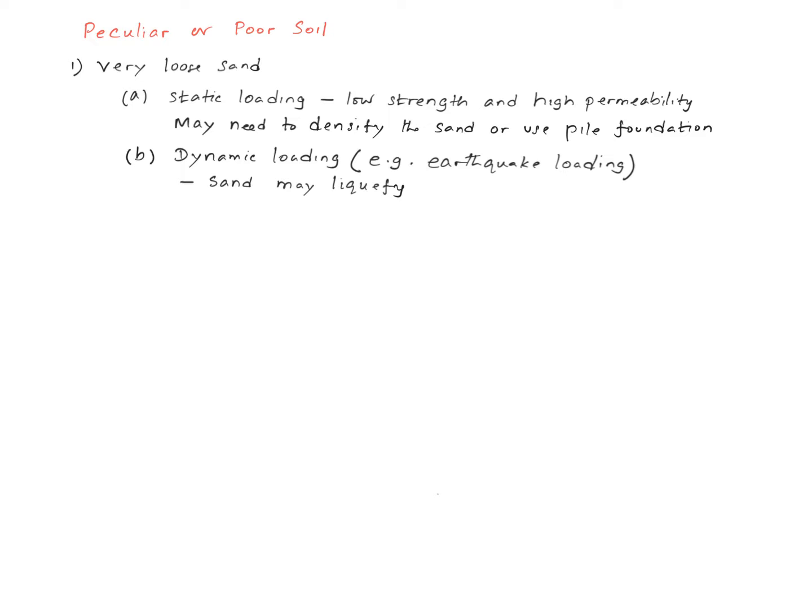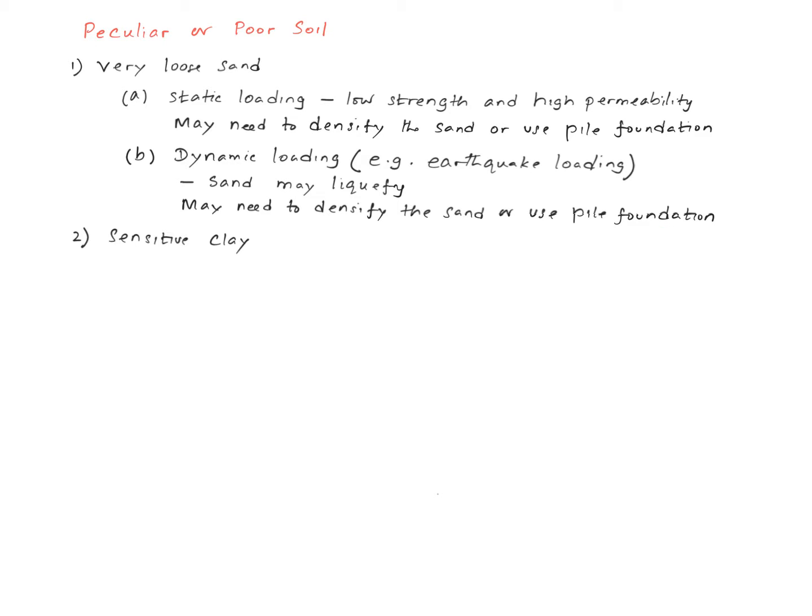For example, during the Loma Prieta earthquake of 1989, there were many sites in the Marina district in San Francisco that experienced liquefaction. And this led to numerous failures of apartment buildings and gas stations. The remedy might again be densifying the sand or using pile foundation.